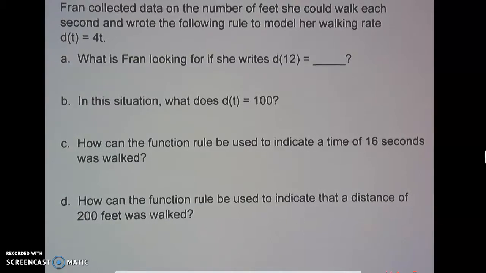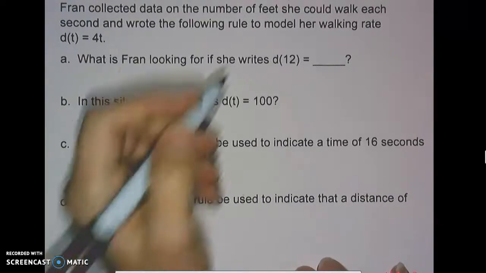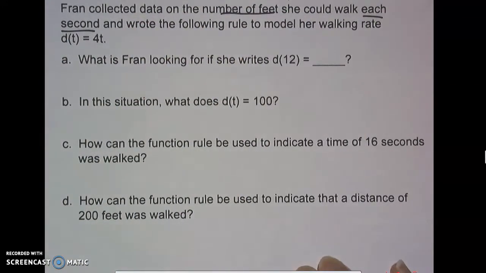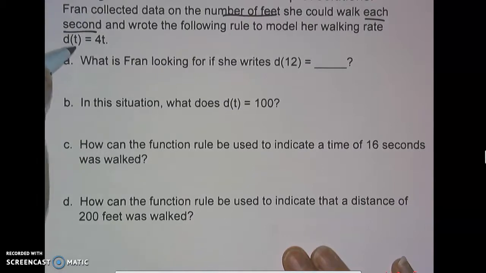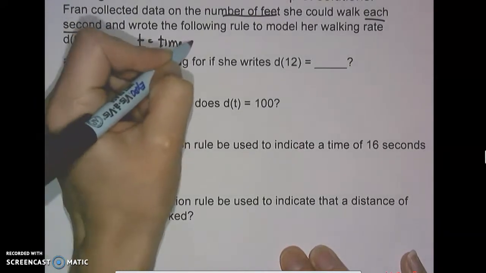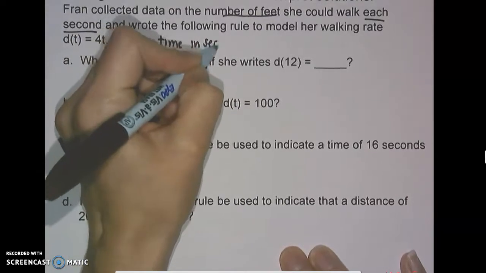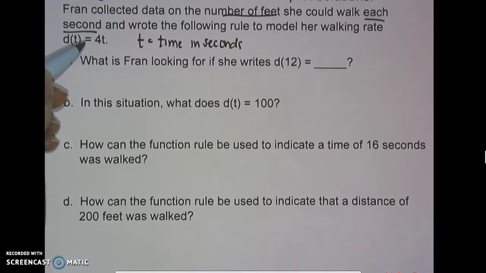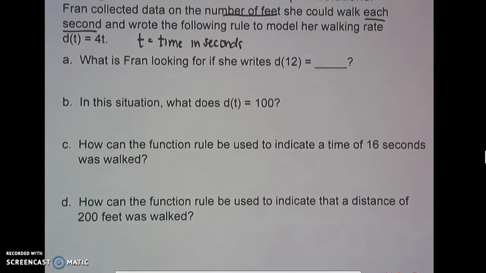It says that she collected data on the number of feet she could walk each second. Okay, so this means that t is going to stand for time. What is our time? So t equals time in seconds. 4t is going to be how much she walked, the number of feet she walked in t seconds.